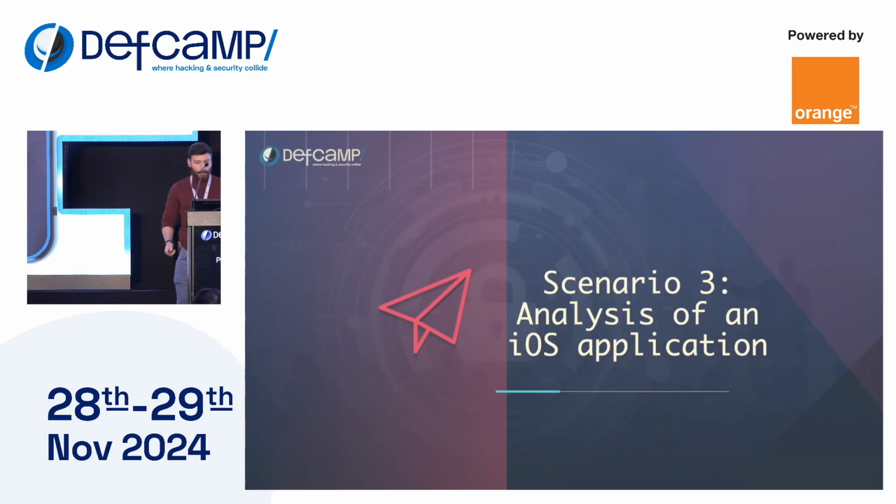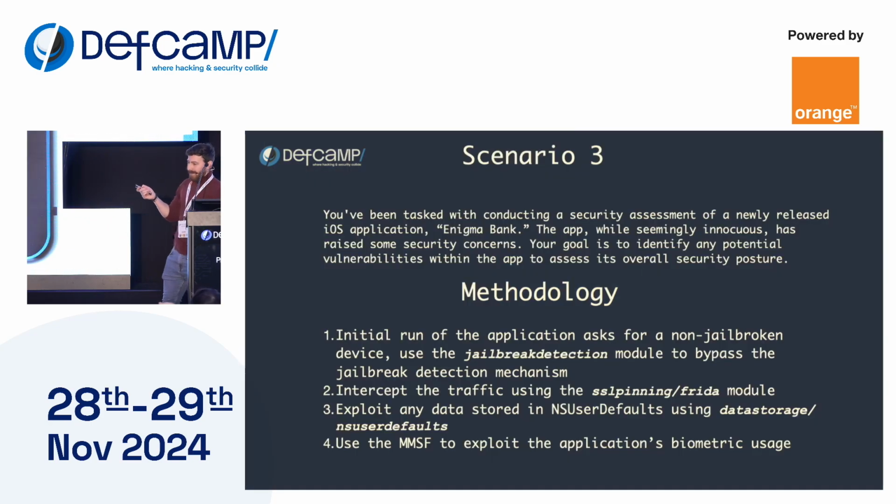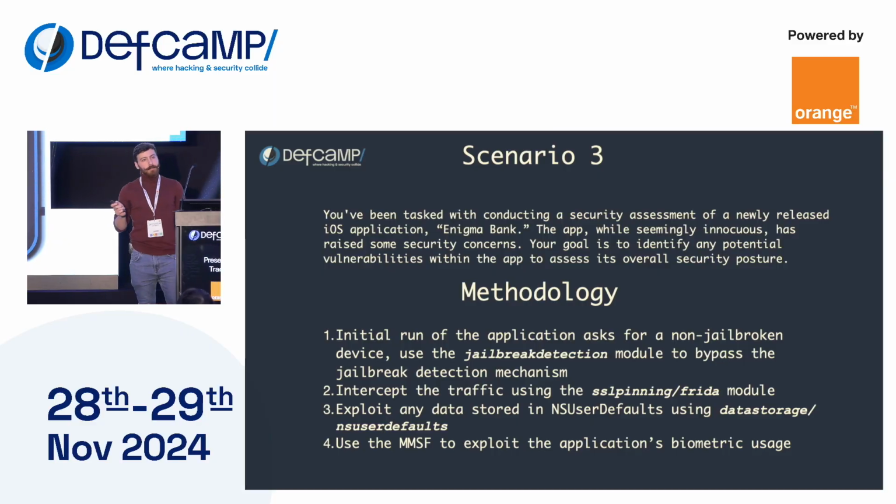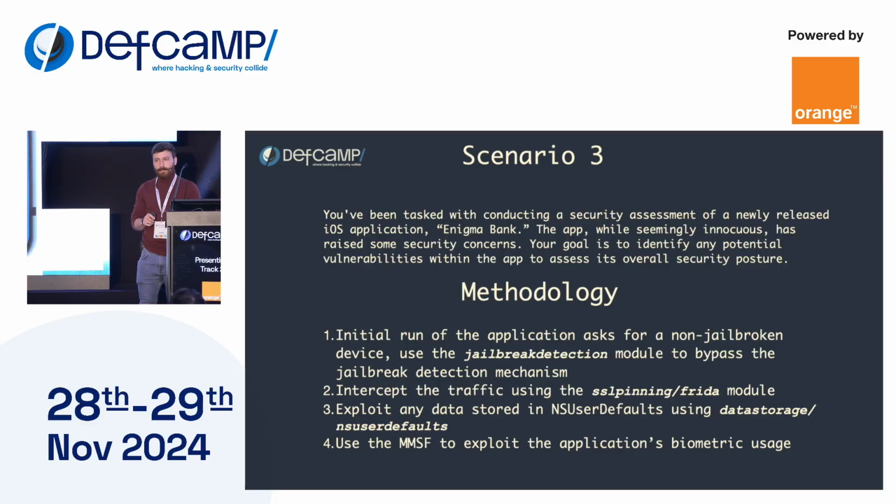Great. Now let's start with the analysis of the iOS application. iOS is a little bit difficult with its security enhancements and features, but it's not always that hard to break some iOS applications. So let's see what the task is here.